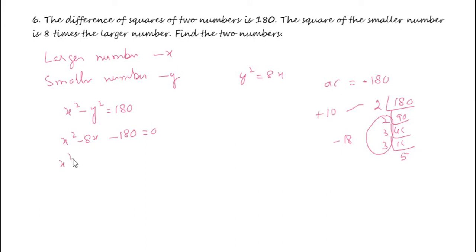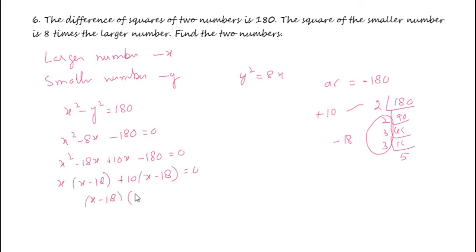x square minus 18x plus 10x minus 180 equal to 0. Taking x out, x minus 18, plus 10, taking out 10, x minus 18 equal to 0. x minus 18 is common, take it out.